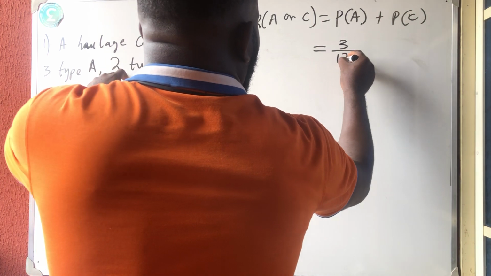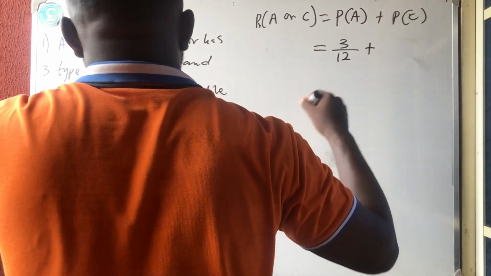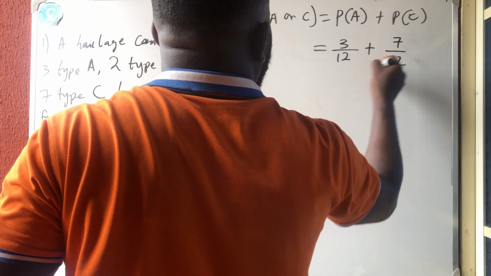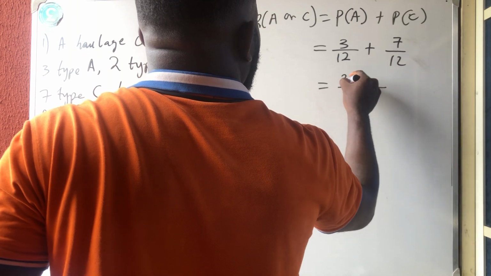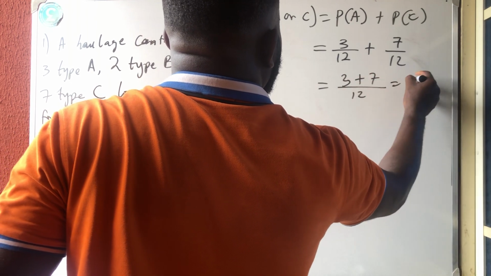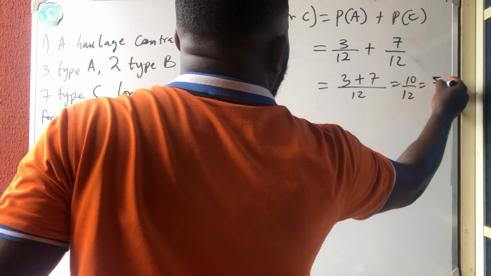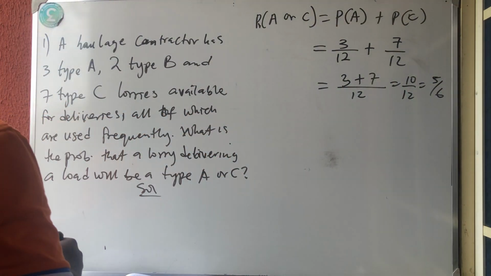That is 3 over 12 plus for type C is 7 over 12. So both of them give me 12. 3 plus 7, which is 10 over 12, which is 5 over 6. As simple as that.